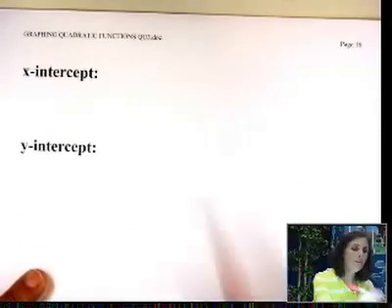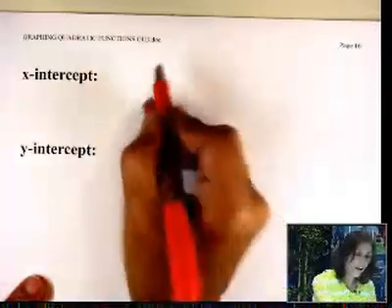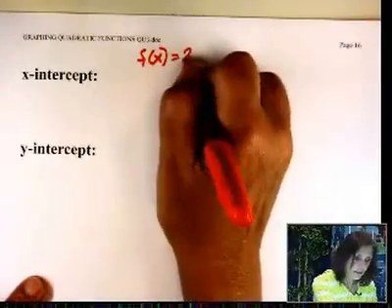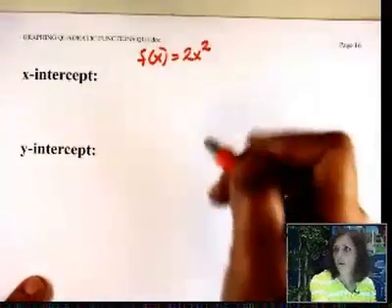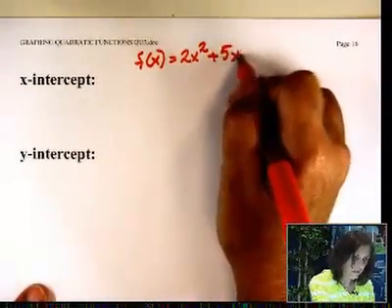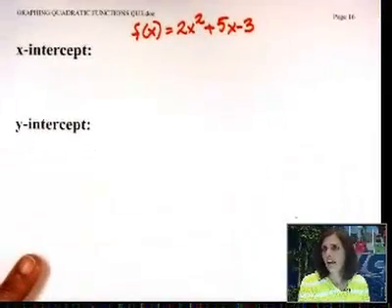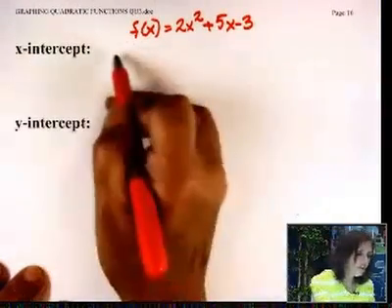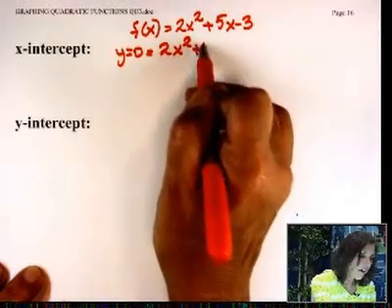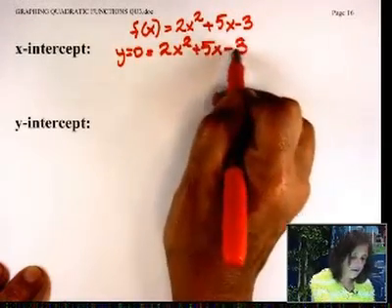X-intercept. What was my equation to start with? I'll rewrite that. F of x equals 2x squared plus 5x minus 3. To find the x-intercept, what do we do? Set y to 0. 2x squared plus 5x minus 3.